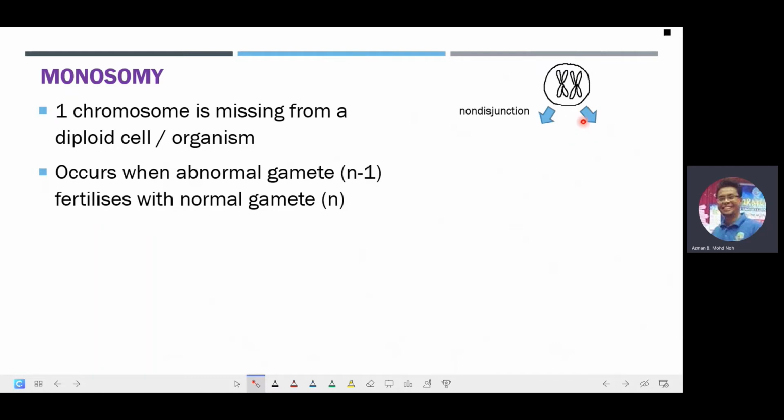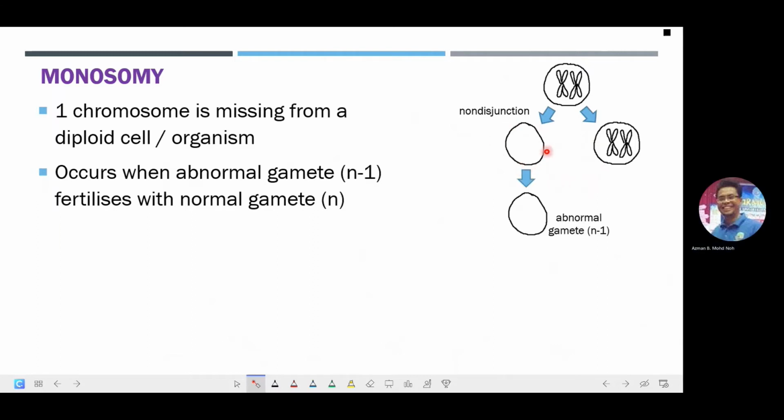As a result, both of these homologous chromosomes fail to separate and they will move into one same cell, like this. Let's focus on this cell. This cell will proceed with meiosis 2, and as a result, an abnormal gamete with less one chromosome will be produced.